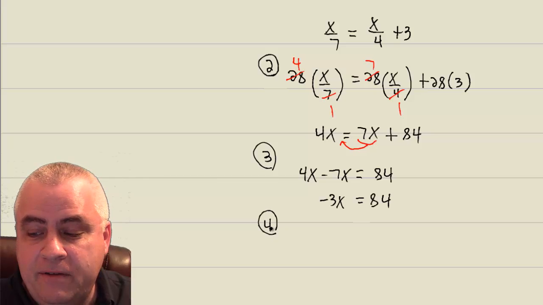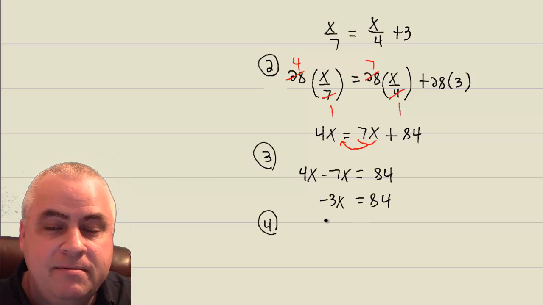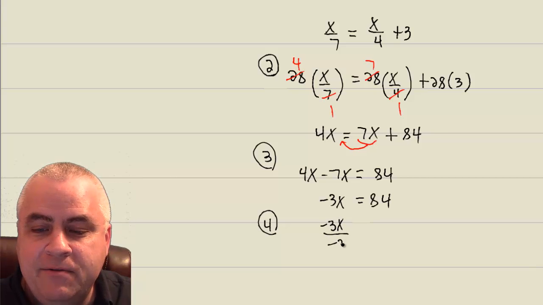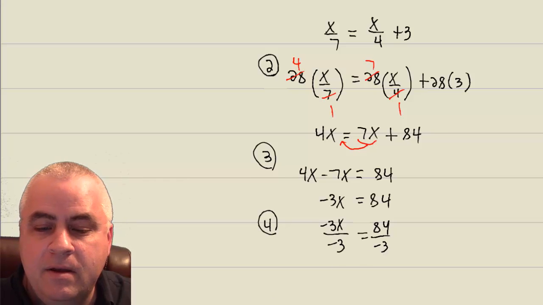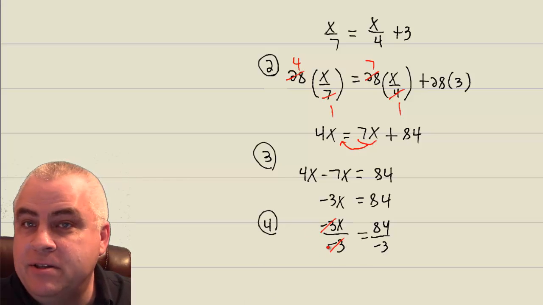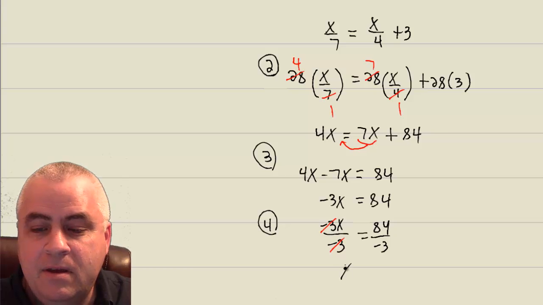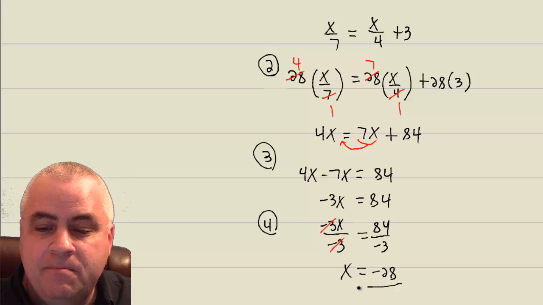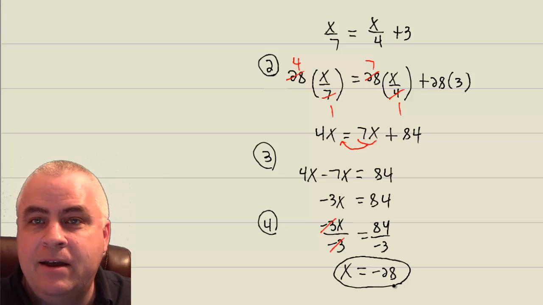And step 4, divide both sides by the number in front of your x. Number in front of x is negative 3, so we'll divide both sides by negative 3. When we do that, those negative 3s are going to cancel. And 84 divided by negative 3 gives us a negative 28. And that would be our answer for that problem.